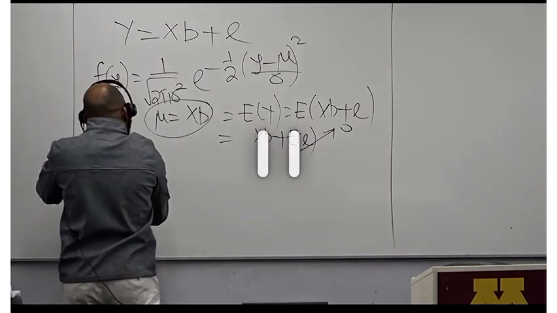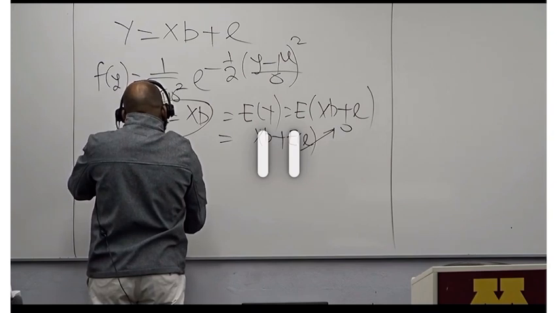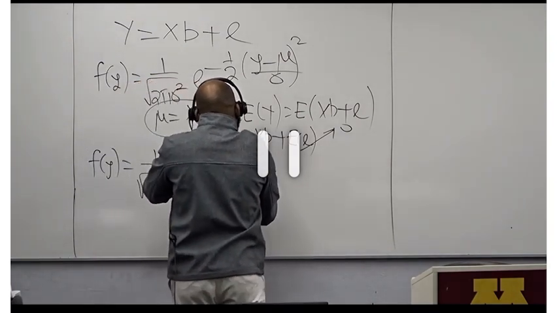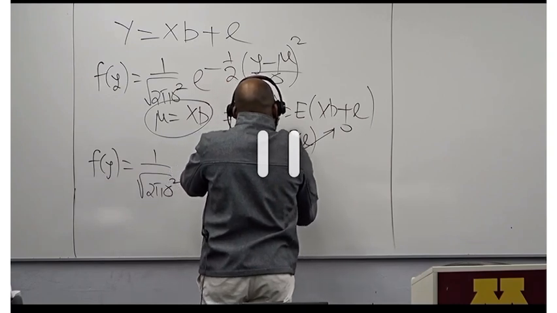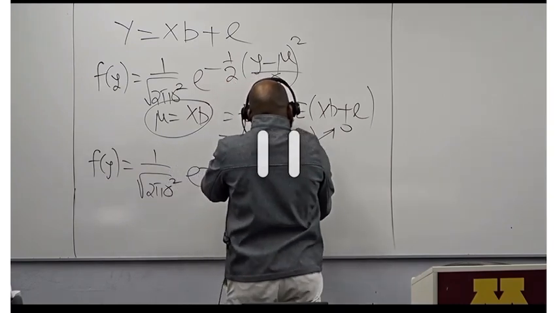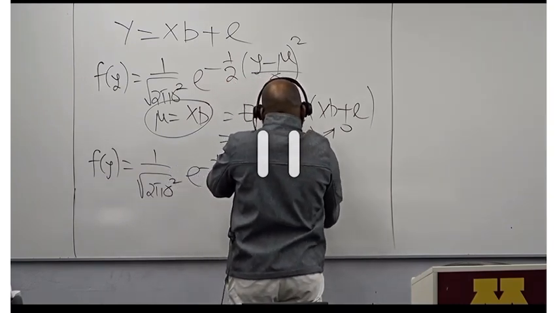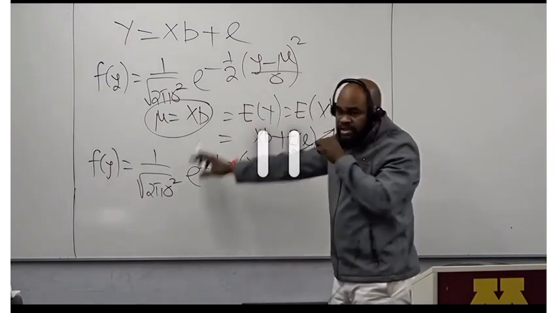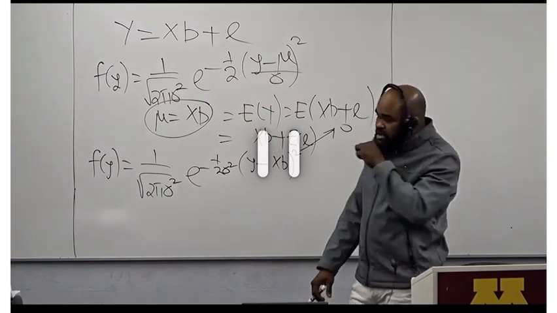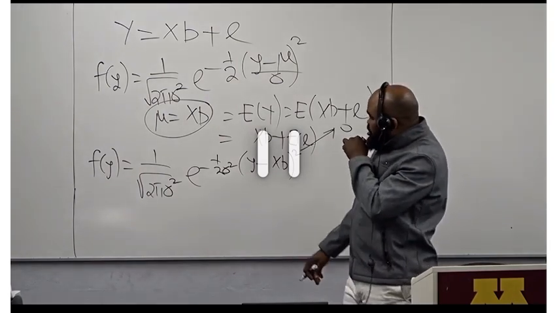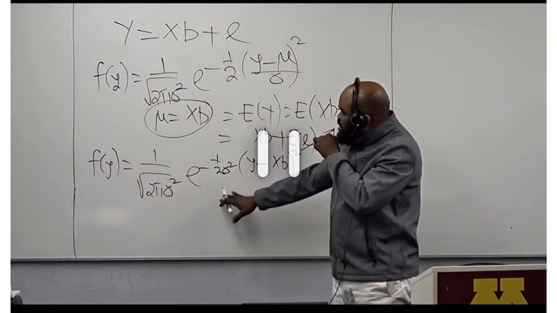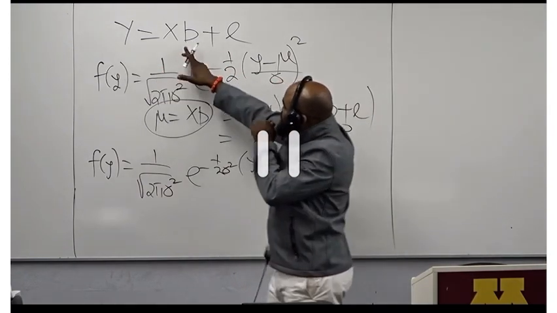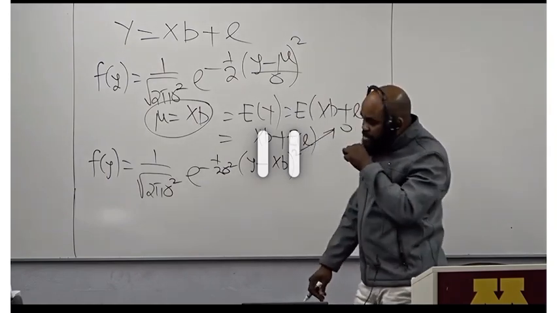And my f of y will be the square root of 2 pi sigma squared, with y minus Xb squared. Xb is actually the mean in that regard. Don't forget this is the model: the response variable against the explanatory variable.